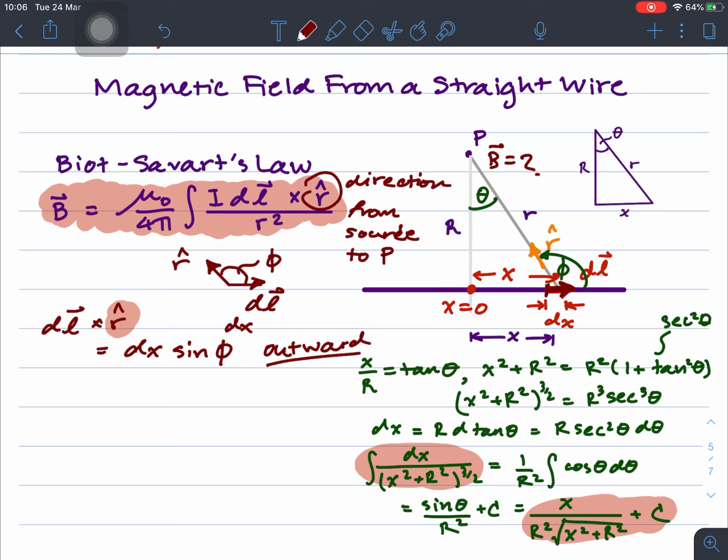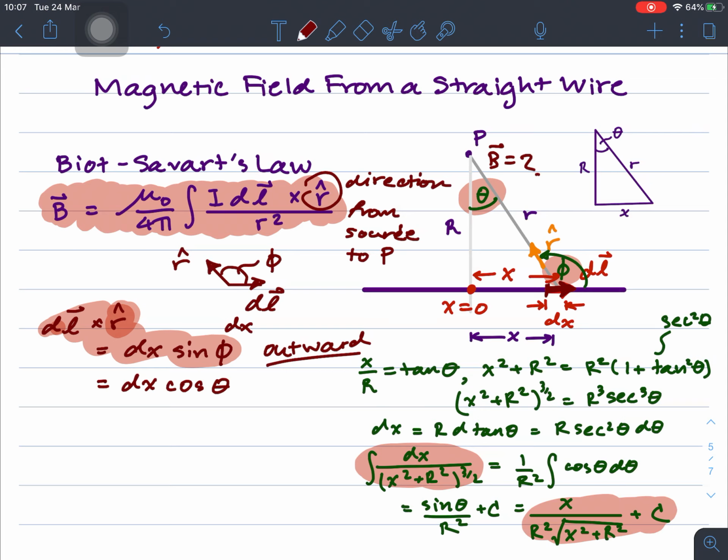From this picture, we can then write down dx sine phi as dx cosine theta, as we try to see the relationship between the angle phi and the angle theta. This is from your trigonometry class, dx cosine theta, and it is in the outward direction.